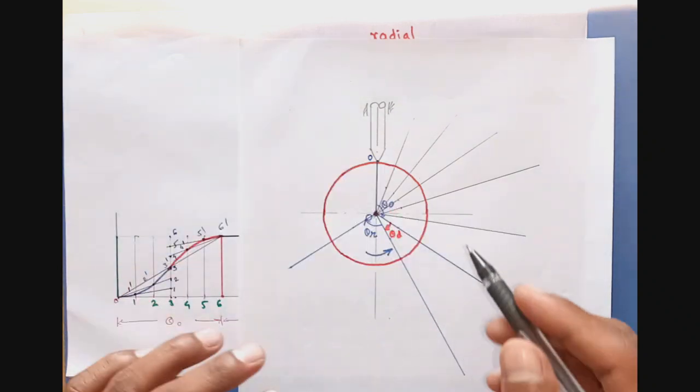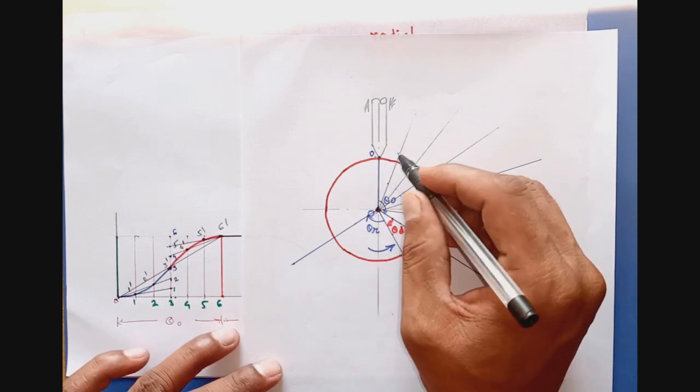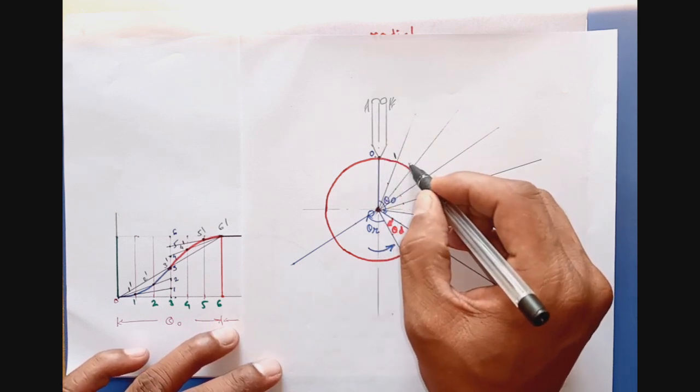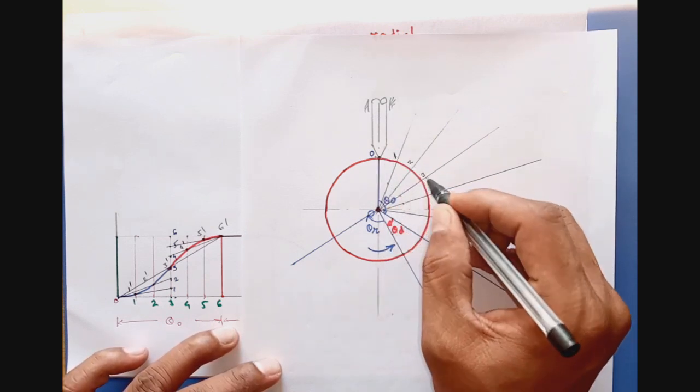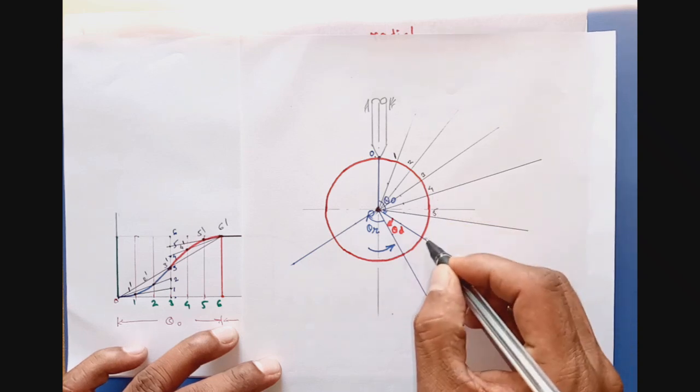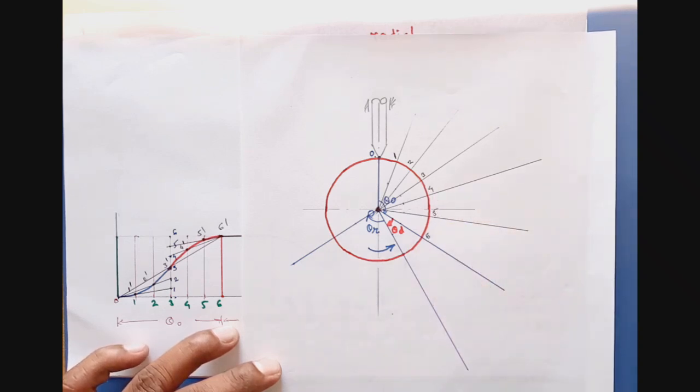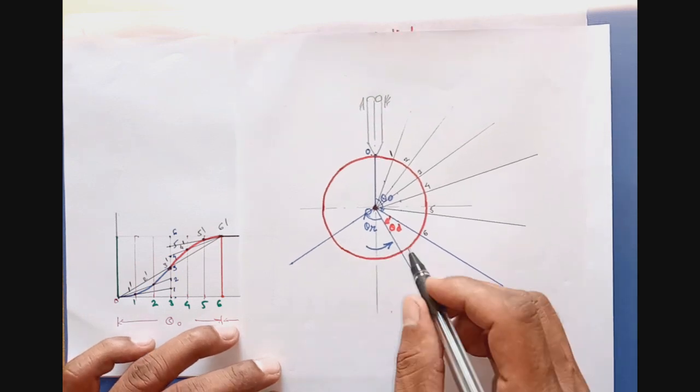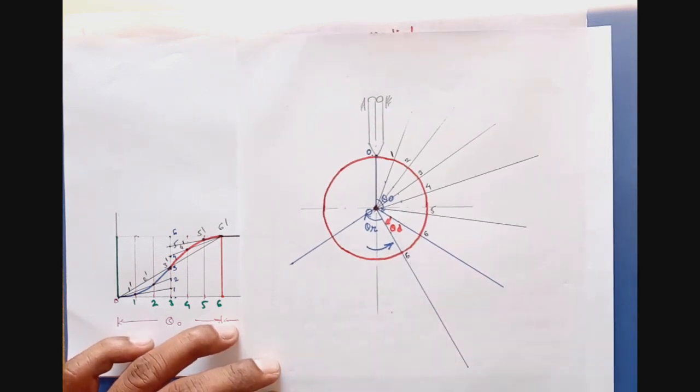I will number the divisions starting from 0 trace point. So this is 1, 2, 3, 4, 5, and this is 6. End of the outstroke. This is also 6, dwell period.